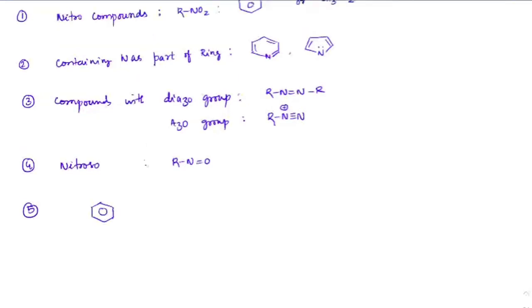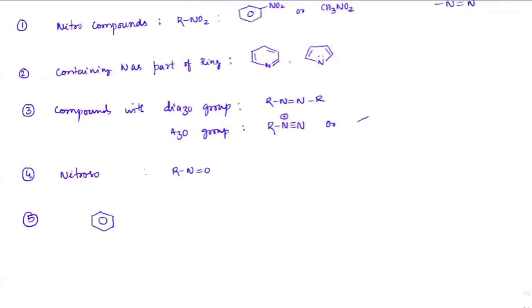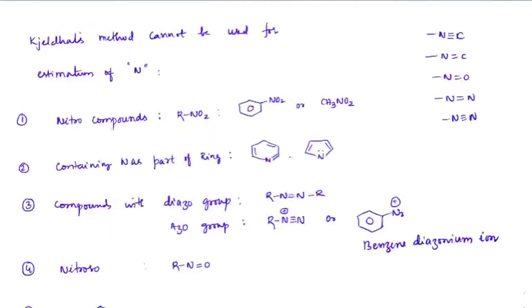Even in the organic form, even in the benzene form, if you see with N2, this is called benzene diazonium ion. Even benzene diazonium ion will not give, whether it is a double bond or a triple bond. Shortcut is all of this. Wherever you can see N triple bond C, triple bond N, double bond N, double bond O, double bond C, all of them will not give any form of Kjeldahl's method.